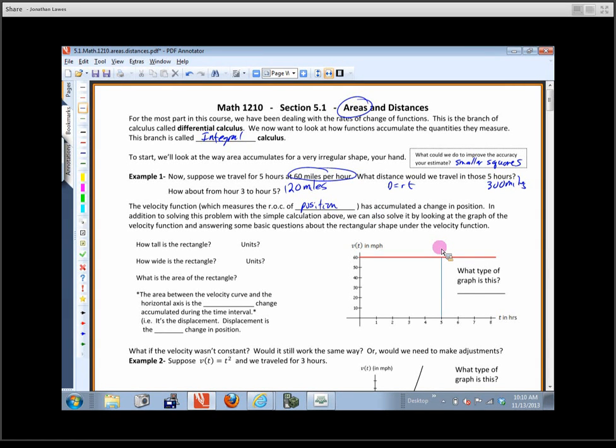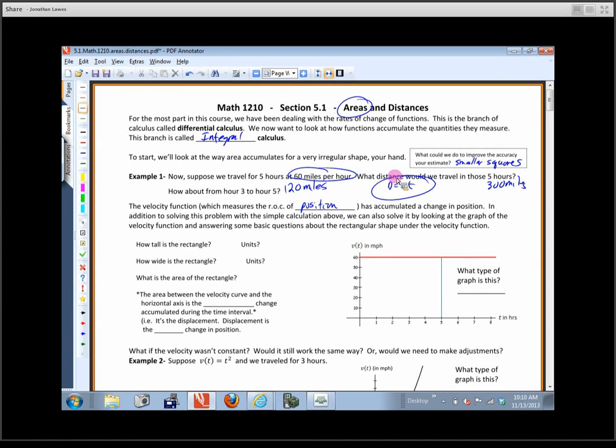We hadn't gone anywhere when we started, but by the time we're done with those hours going by at 60 miles per hour, we've accumulated 300 miles in position change. We're now 300 miles from wherever we started, okay? So, in addition to solving this problem this very simple way, using this formula that you've known for years, we can actually solve it using a graph.